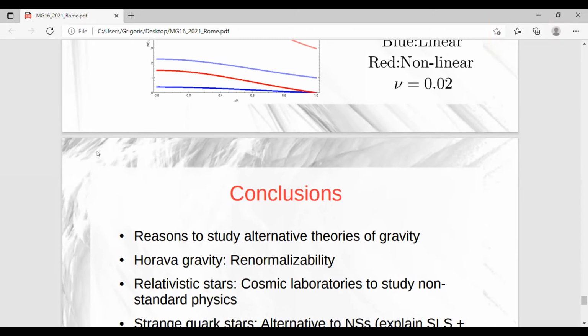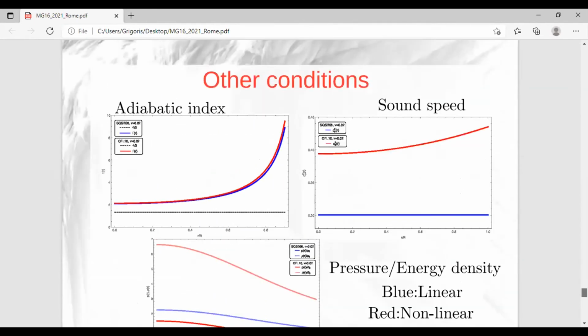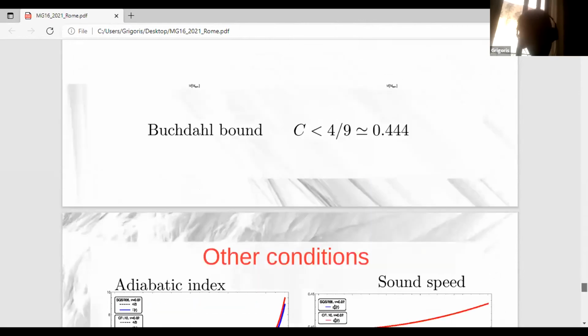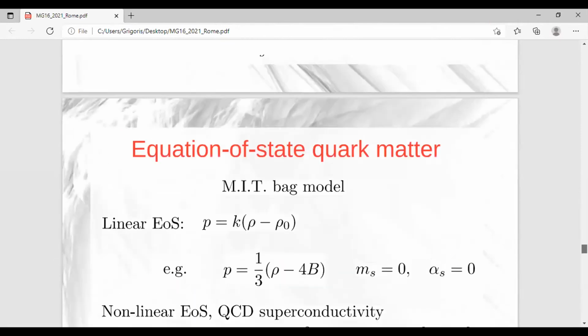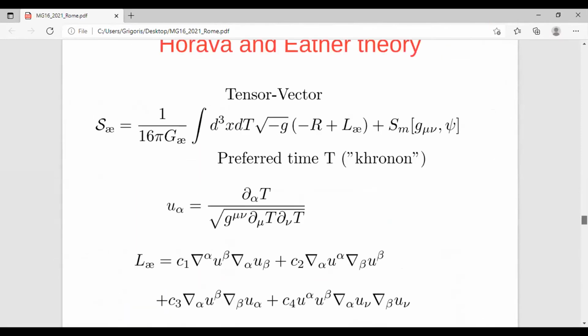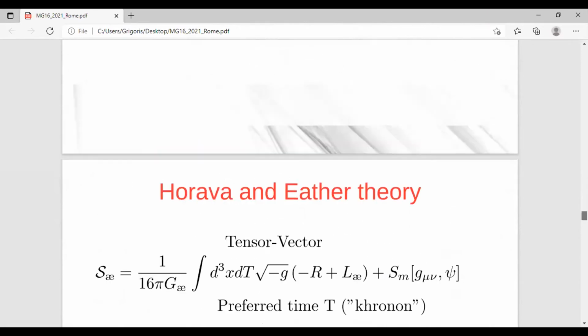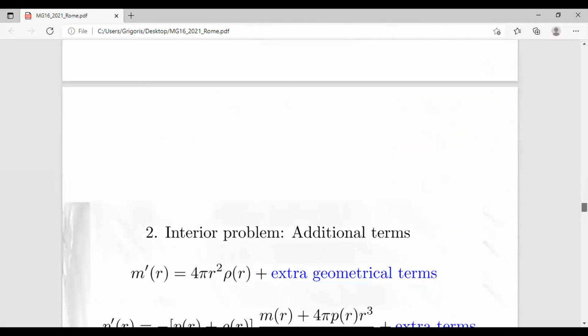If I remember correctly, this depends only on C1 plus C4, which corresponds to alpha or beta in Blas notation. Do you know roughly how much this is? Because this parameter has been restricted to 10 to minus 5 or something like that, the brane decay parameter. What's the relation between your nu and the coupling constant?